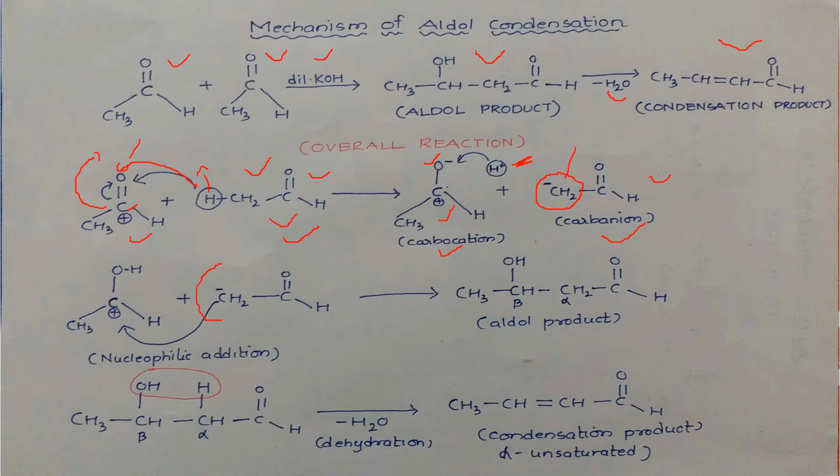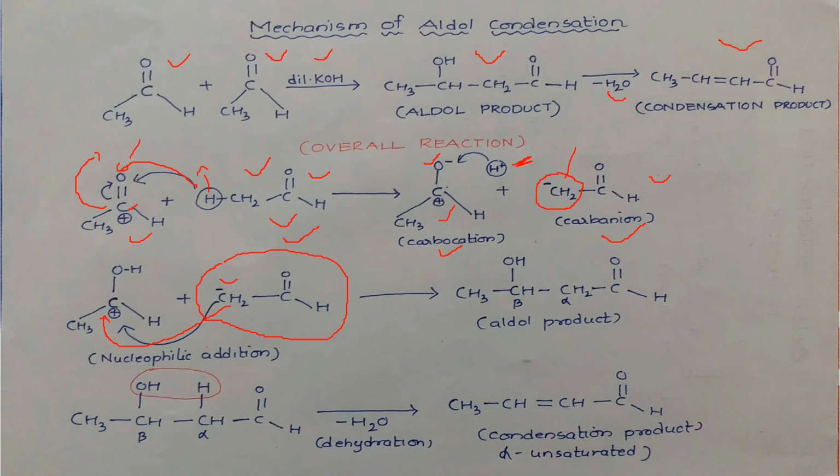The carbanion generated in step 1 attacks. Now this serves as a nucleophile because of the negative charge. Now this nucleophile attacks the electrophilic center on the carbocation, which is also generated in step 1. So this nucleophilic carbanion will attack this carbonyl carbon, which is an electrophilic center.